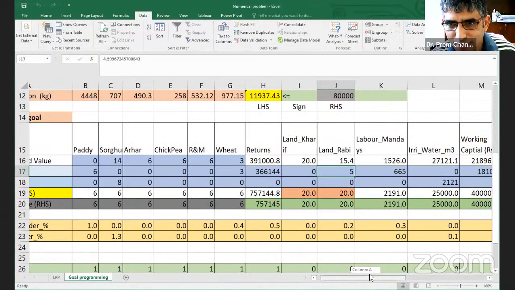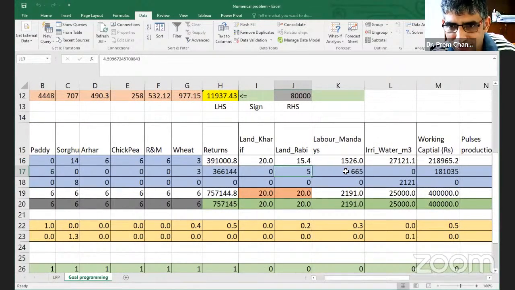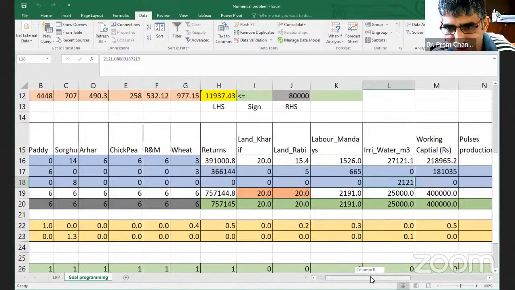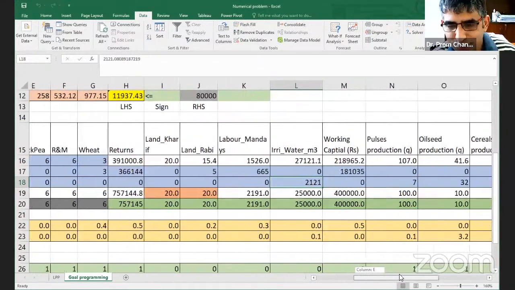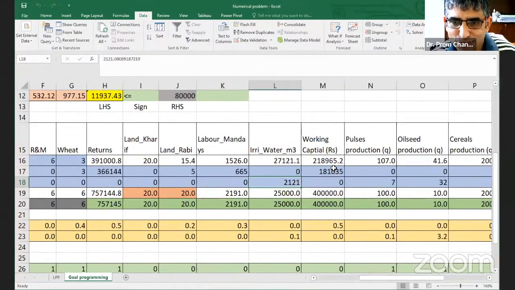Also, he has unused labor. Irrigation water: he has to borrow some irrigation water, even though he has this much. He has compromised the return. He has to take additional water from his neighbor.